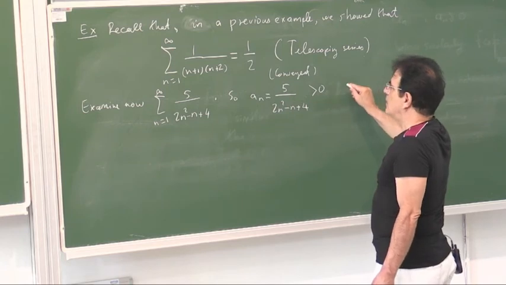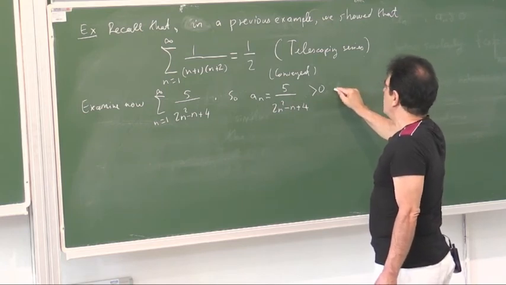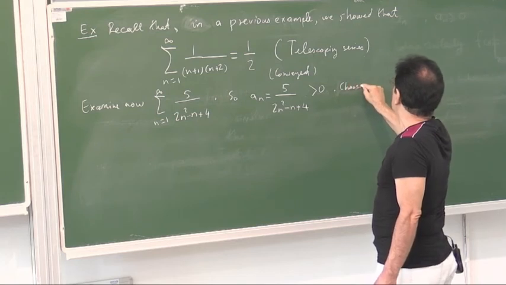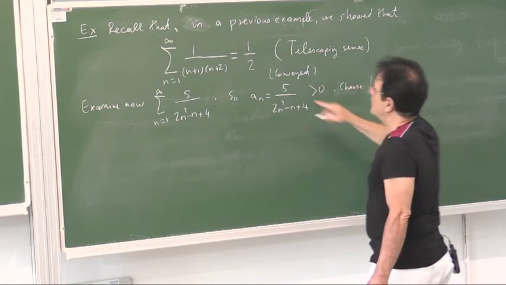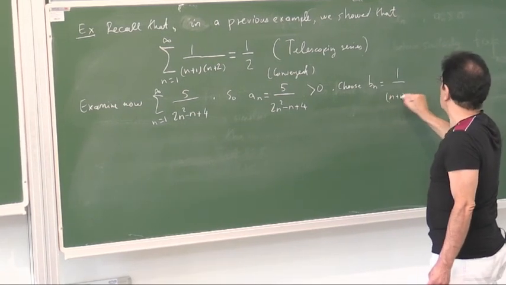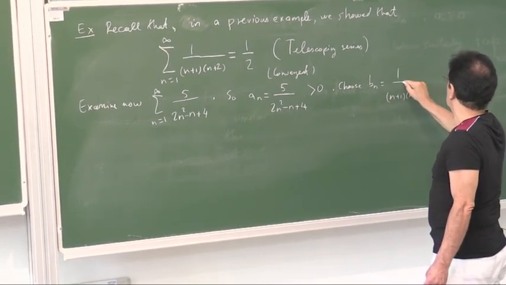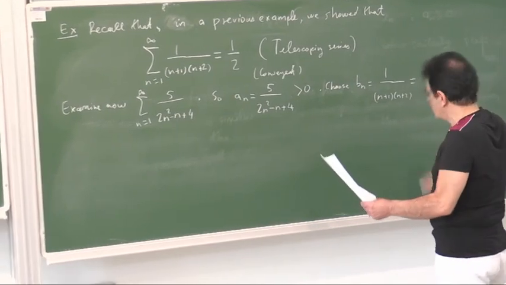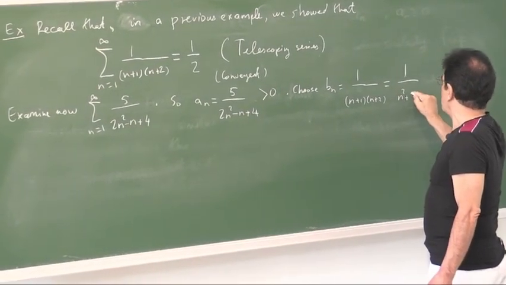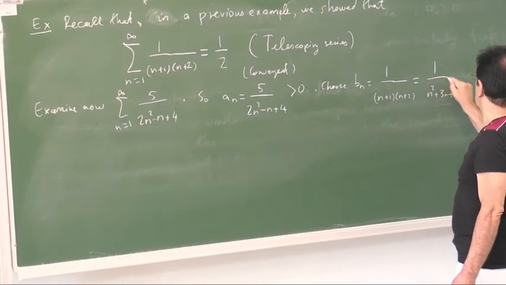And we choose bn as 1 over (n plus 1)(n plus 2), which is 1 over n squared plus 3n plus 2.